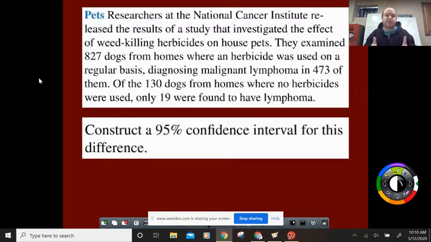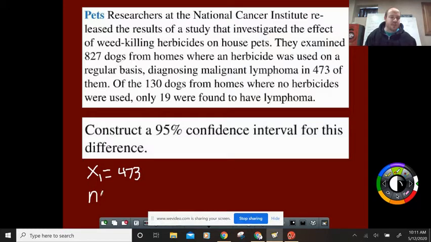Now, constructing a 95% confidence interval. What type of stuff did they give us? Let's write out our data first. We have our number of successes for the first group was 473. It may seem dark that we're calling successes when they get lymphoma, but remember, we're just running a test here, so it's not actually a success in life.